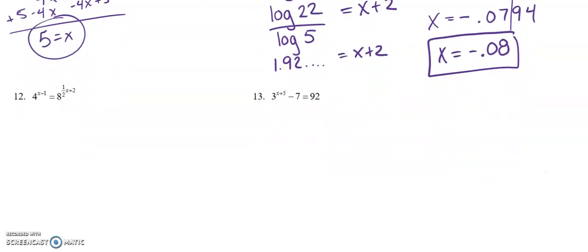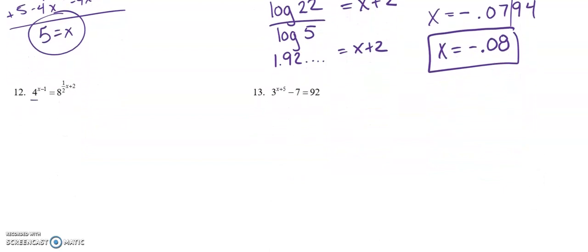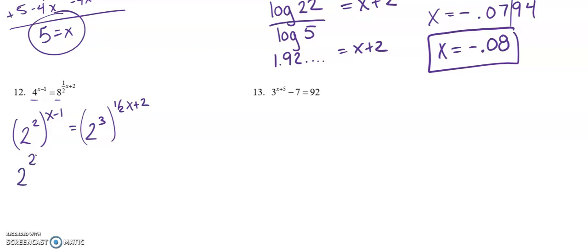Number 12, we look at those bases. We've got a 4 and an 8. We can rewrite those both with base 2. That's 2 to the second to the x minus 1 equals 2 to the third to the 1/2 x plus 2. Power to a power we distribute, 2x minus 2 equals 3/2 x plus 6.